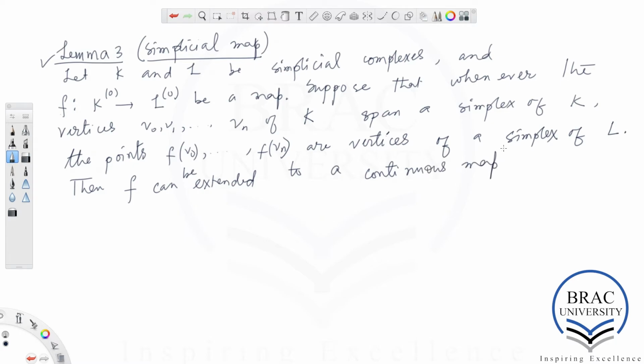Since we're talking about a continuous map, there should be the underlying topological spaces, right?